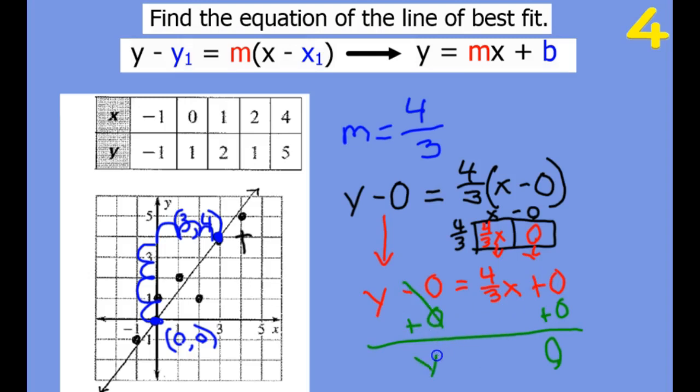So we get y equals 4/3 x plus 0. Y equals 4/3 x plus 0. Or you could write it as y equals 4/3 x. You don't need to write that 0 at the end. That's our equation of the line of best fit.